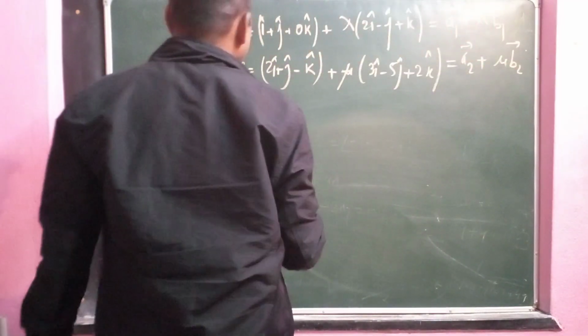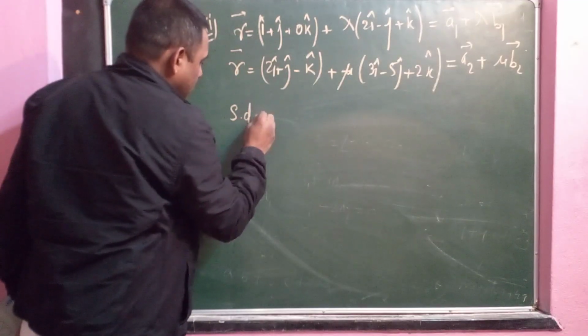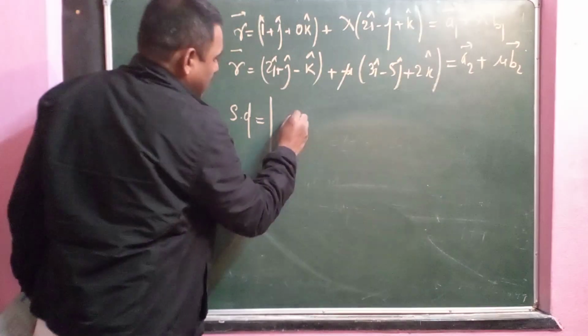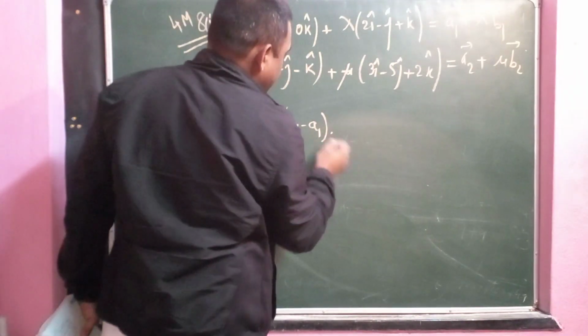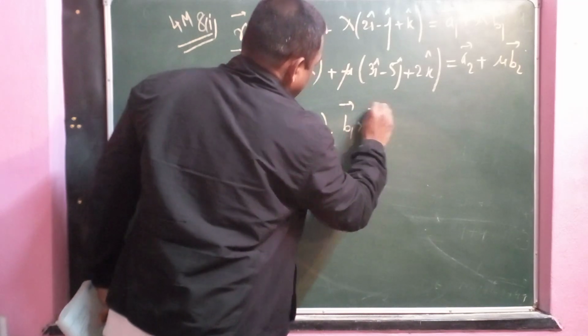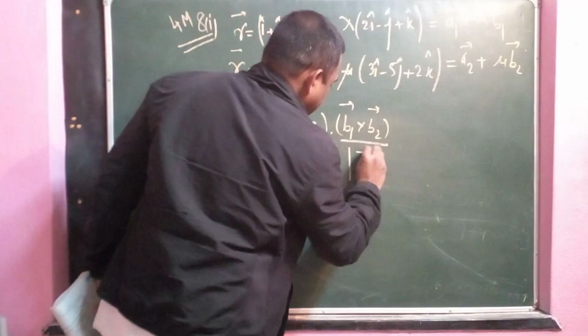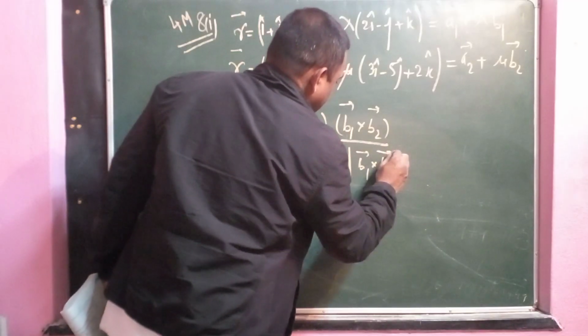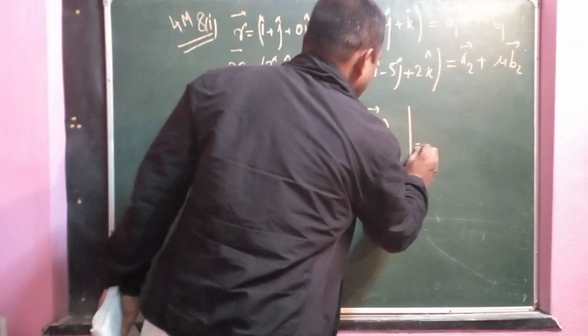These 2 lines are given. Okay, now SD. SD is the perpendicular distance between 2 skew lines. I'll do only the calculation here. Now you do.